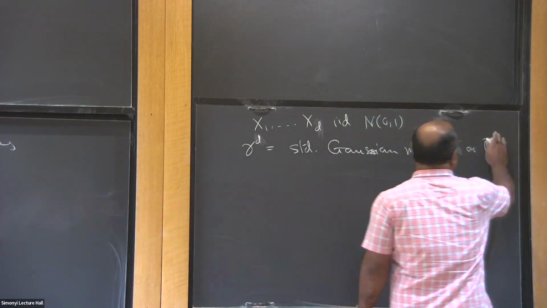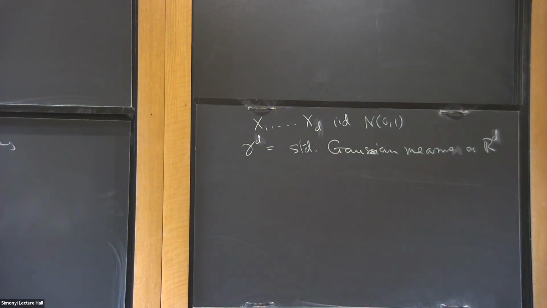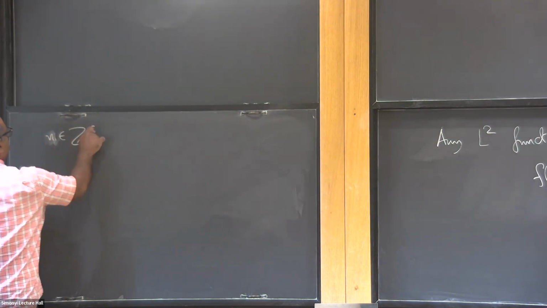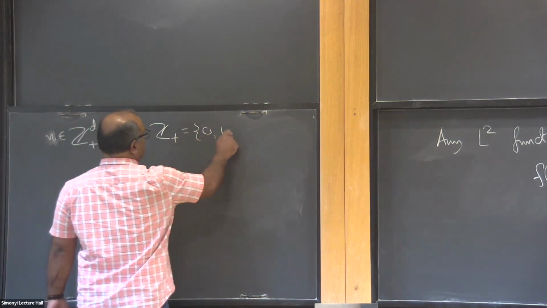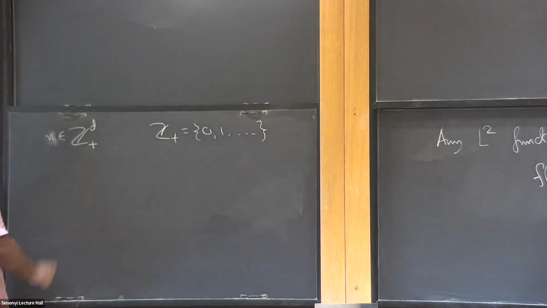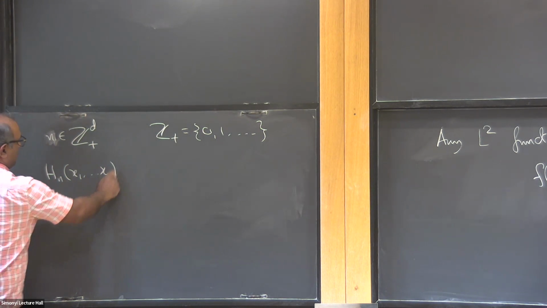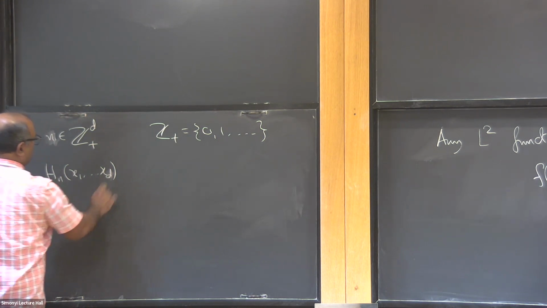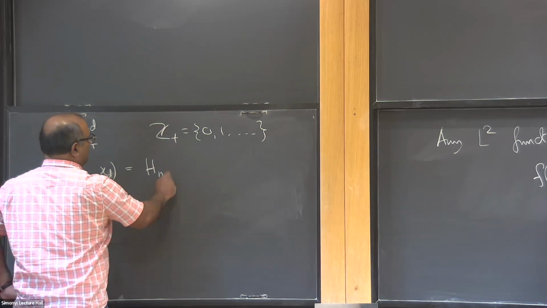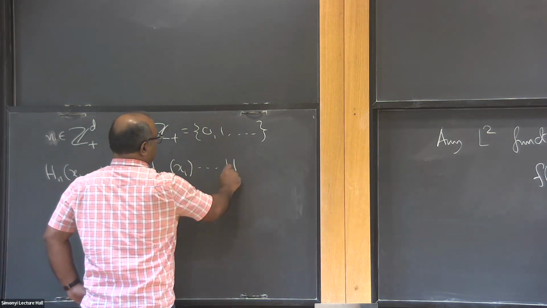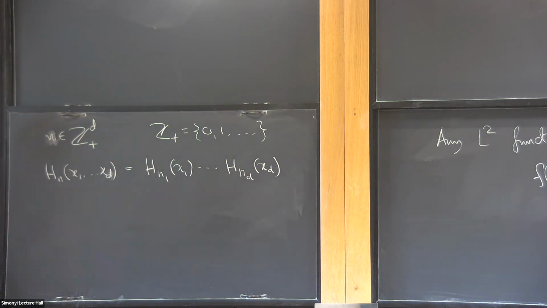So this is d-dimensional Gaussian. So you have Z plus to the d, the d-tuples of non-negative integers. So Z plus here is non-negative integers. And you define the multivariate Hermite polynomial Hn of x1 to xd as just the product of univariate Hermite polynomials: Hn1(x1), Hn2(x2), up to Hnd(xd).